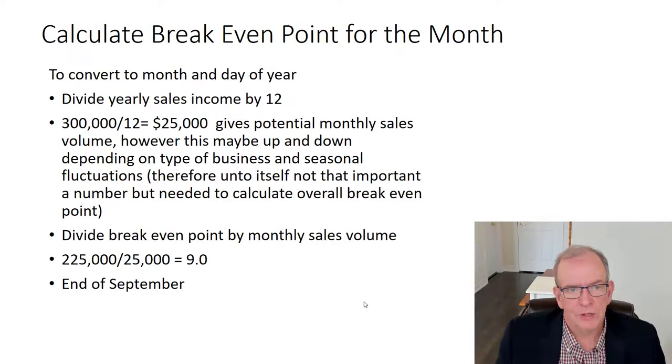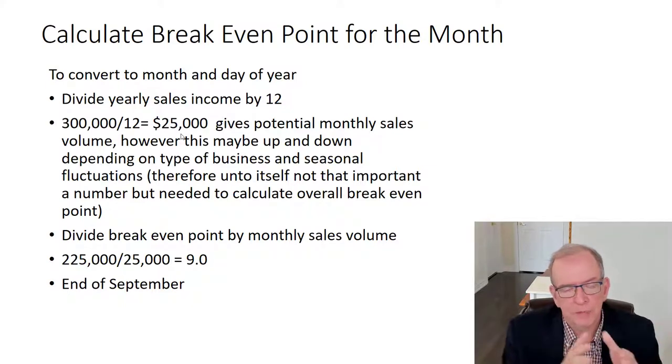So that's in dollars. So to convert to the month and day of the year, you divide the yearly sales income by 12. That just gives you the number. It gives you a perspective of how much money you are making per month. If we spread it out evenly, it's probably not going to be evenly, but we just do this for this formula. And so that's 25,000 potential monthly sales volume.